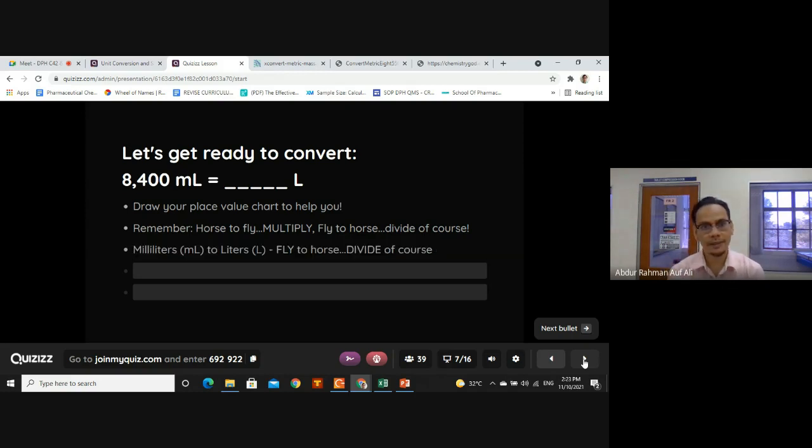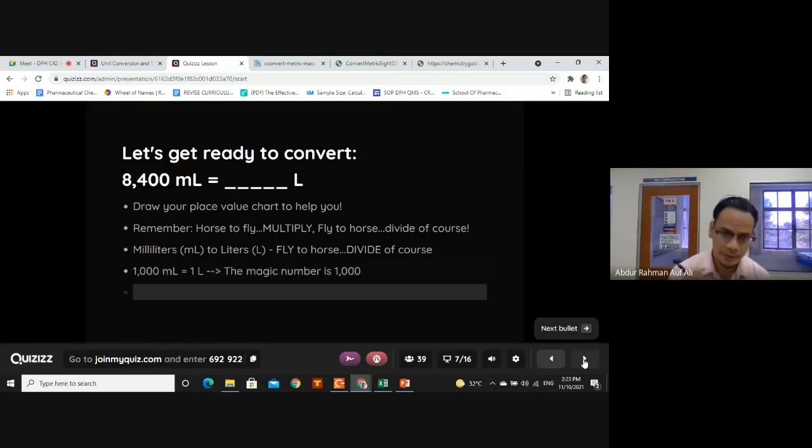In this case, milliliter is smaller than liter, so milliliter is the fly and liter is the horse. So you need to divide. To convert from milliliter to liter, you need to divide 8,400 by the conversion factor. Divide by what? That is the problem.